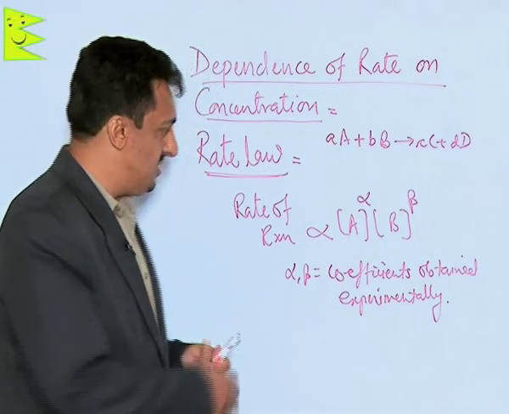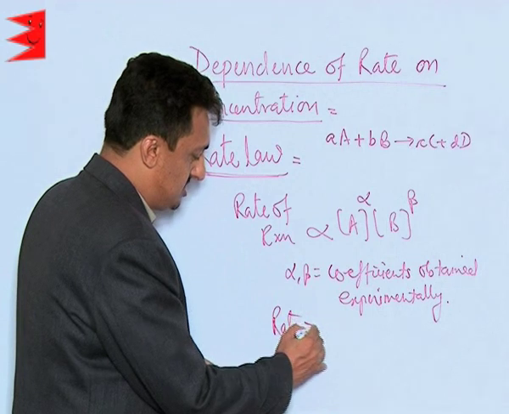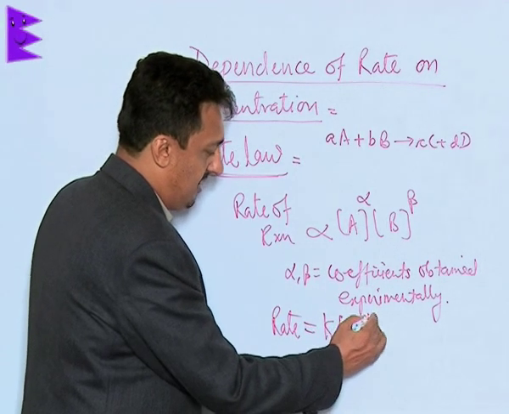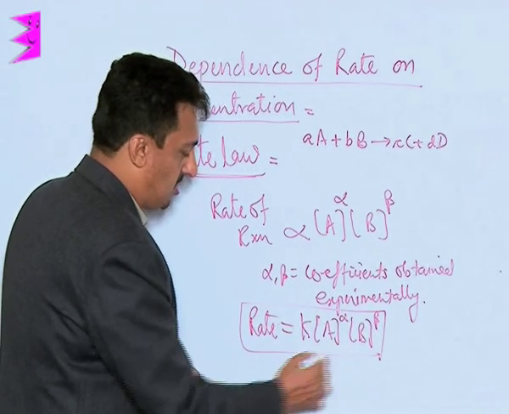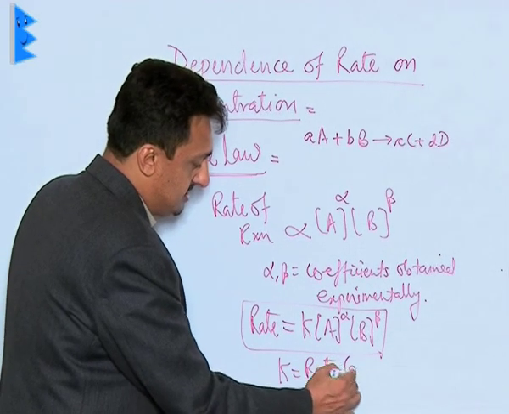There is one more important thing. The proportionality is converted into equality by a constant. So this expression is written as rate equals k [A] to the power alpha [B] to the power beta, where this k is called the rate constant.